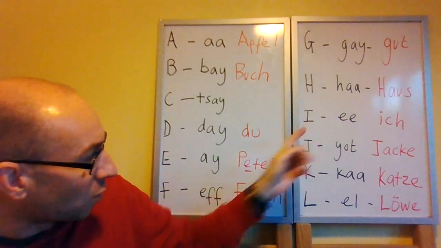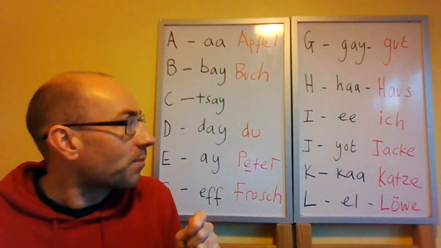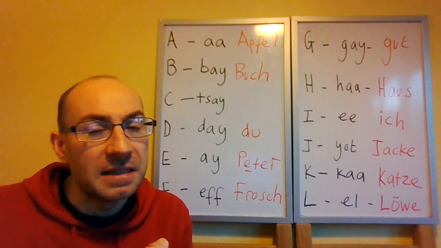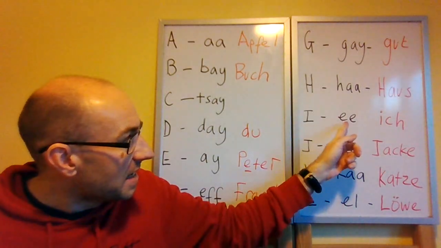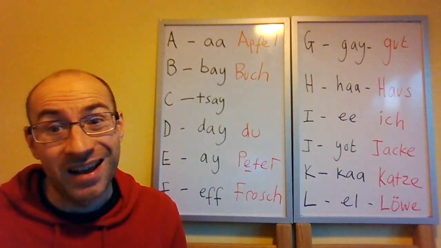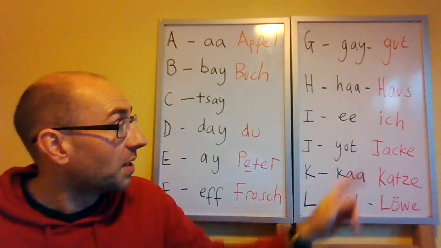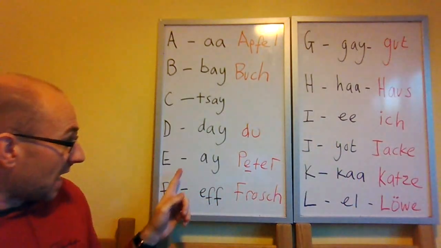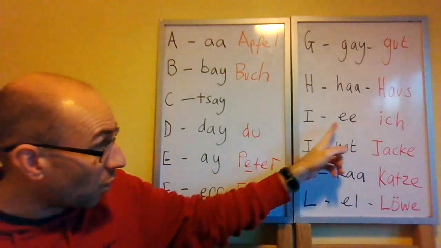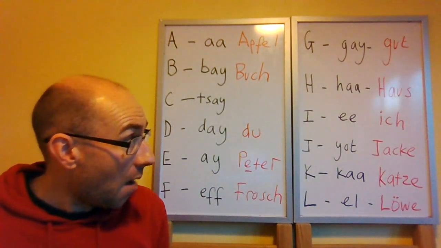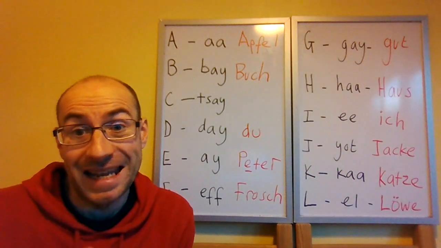Easy. Right, the next one, the vowel, just a little bit different from the English. This is E, the name of it. We call it I, don't we? G, H, I. But in German it's called E. So this one's A, the name of it, and this one's E. But a lot of the time it's just a short I sound.